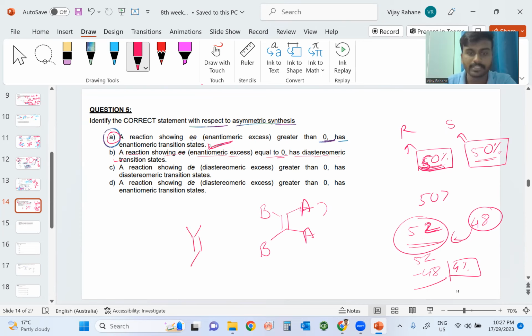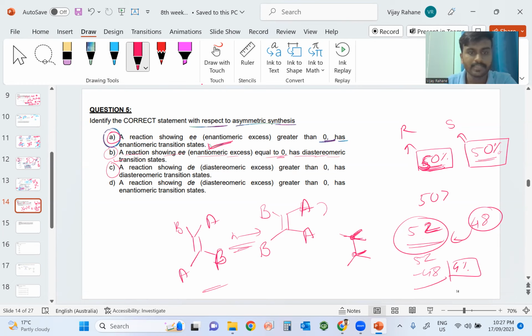And some is like, these two are diastereomers of each other. Like this, there are diastereomeric transition states in quaternary carbons as well, I mean the carbon atom which has four different groups. These are the sp2, that is cis and trans. These are also diastereomers of each other. This was the second statement.